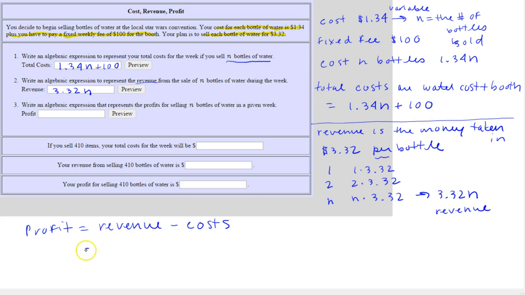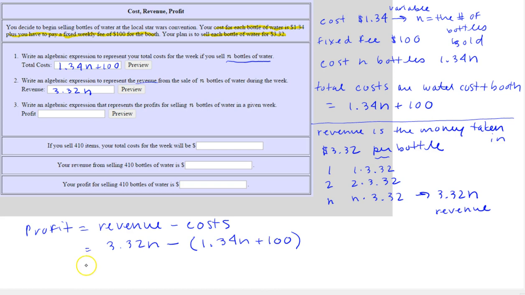So we have 3.32N minus, and in parentheses, I'm going to put 1.34N plus 100. So I basically took the revenue equation and subtracted the cost equation. And notice the cost equation is in parentheses because we need to subtract this entire expression. If we didn't put parentheses, it would just look like we were subtracting the 1.34N and adding 100, but we need to subtract 100 for our profit because we need to pay $100.